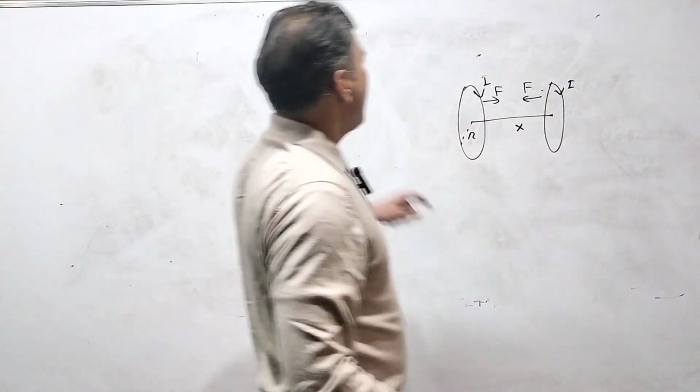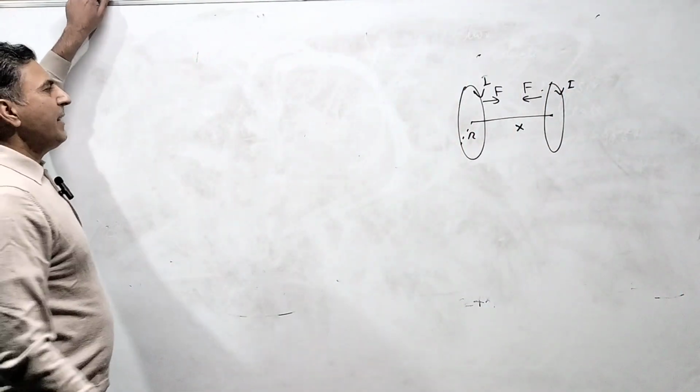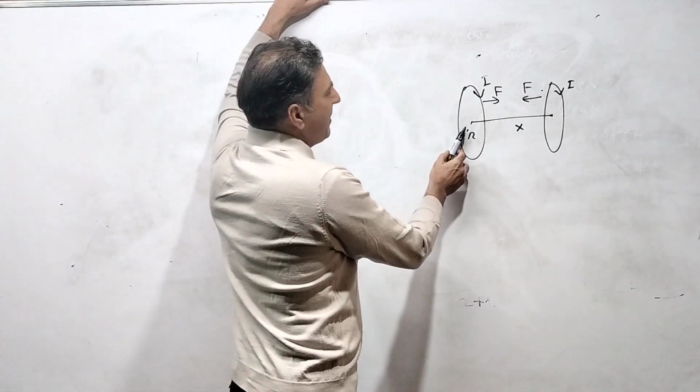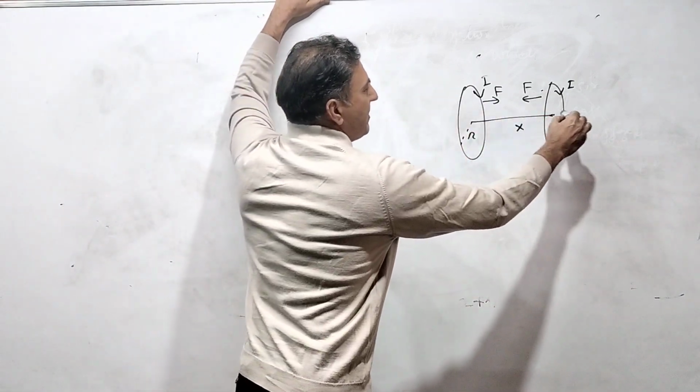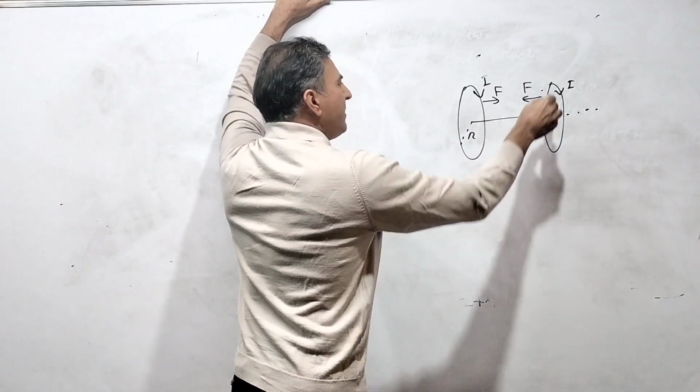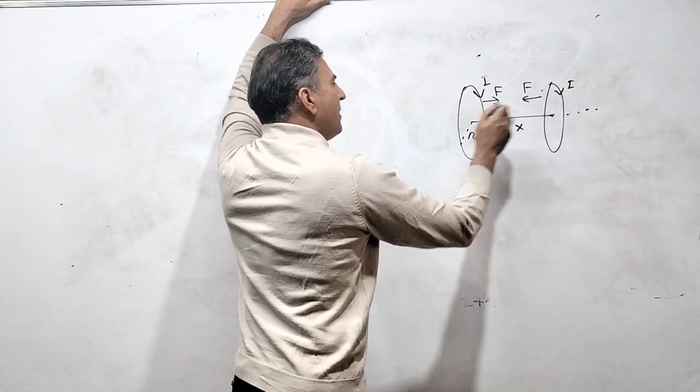First of all, we have to see that this coil produces a magnetic field on its axis, and this coil is in the magnetic field of this coil.